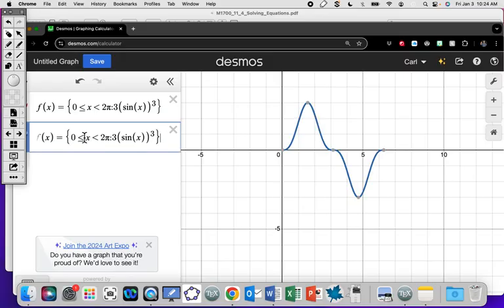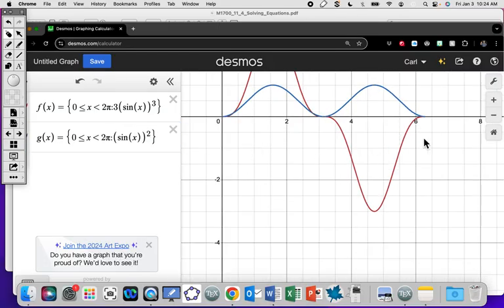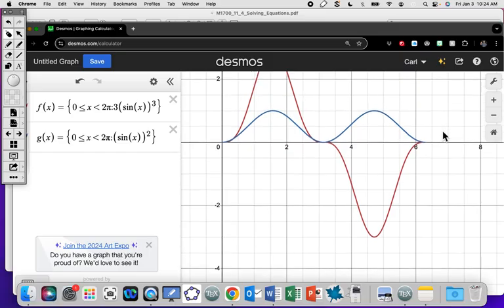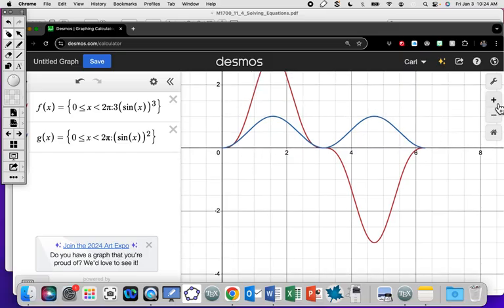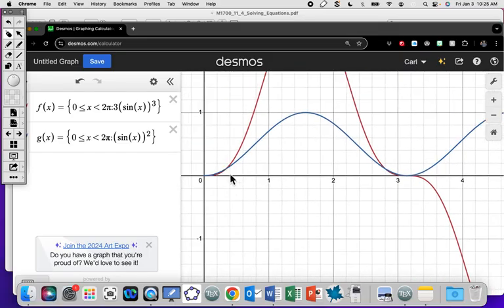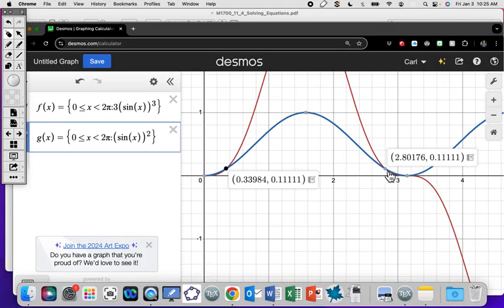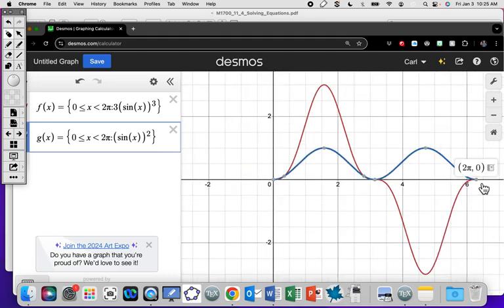And then I'll put g of x to be the right hand side of the equation, sine of x all squared. I'm looking for where these two things cross. So it looks like there's 1, 2, 3, 4. Now that looks like 2 pi, but we're not including the 2 pi there.